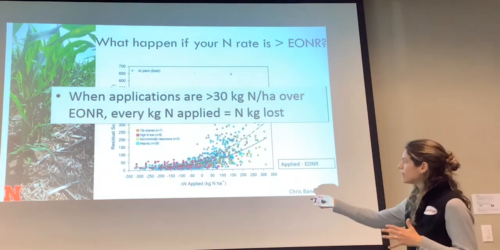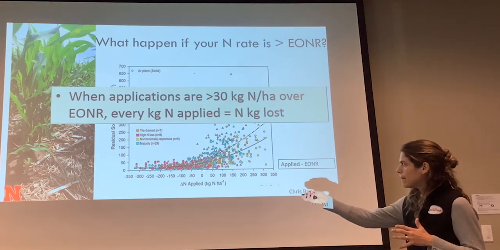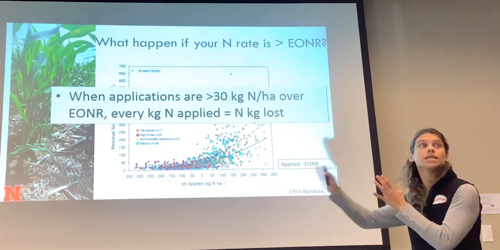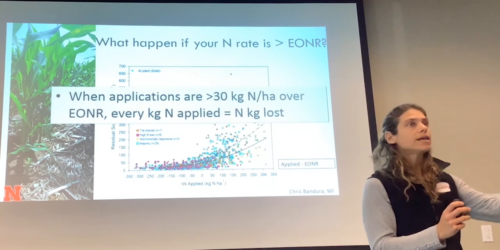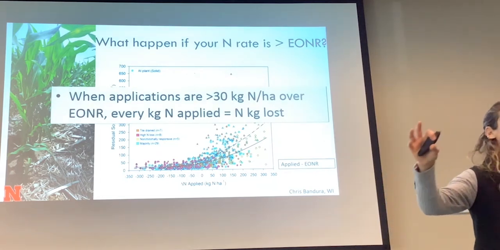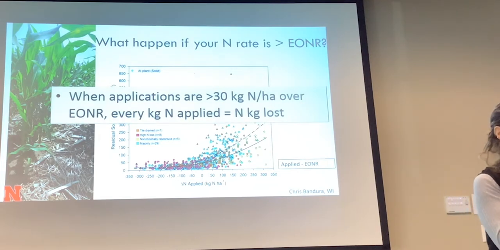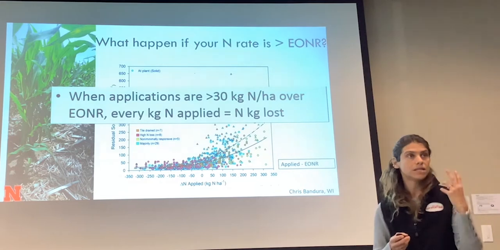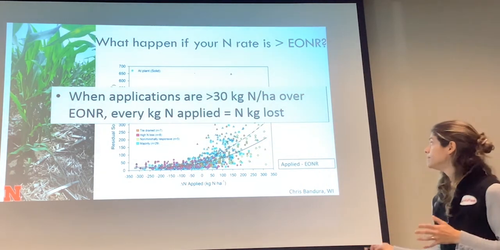And what they found is when my difference from my optimal N rate and what I apply is increasing, the relationship is almost 1-to-1 from what I apply extra to what it could potentially get lost. So really whatever tool lets you get really close to this optimal N rate, that's really our target because it's a win-win. Win for the profit and yields and win for the environment.